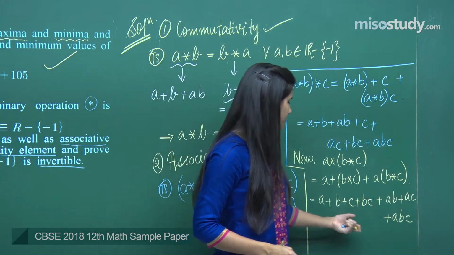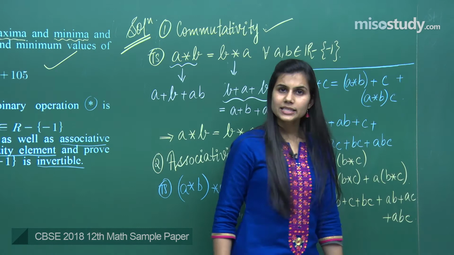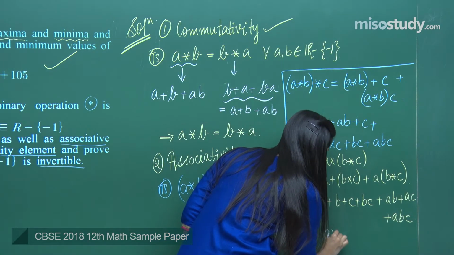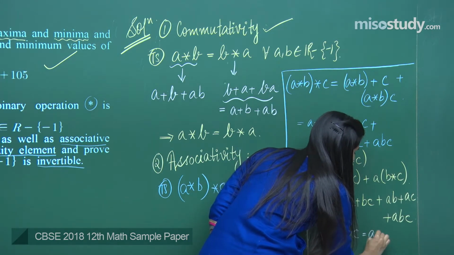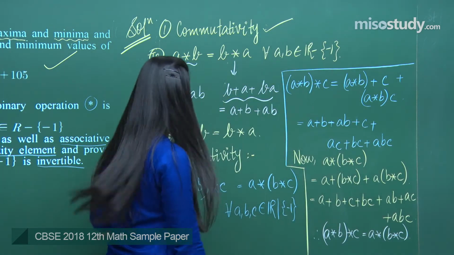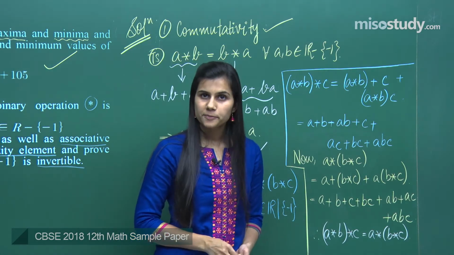This is also A plus B plus C plus AB plus BC plus AC plus ABC. Yes, and therefore I can say that (A star B) star C is equal to A star (B star C), and therefore my operation is very much associative as well.